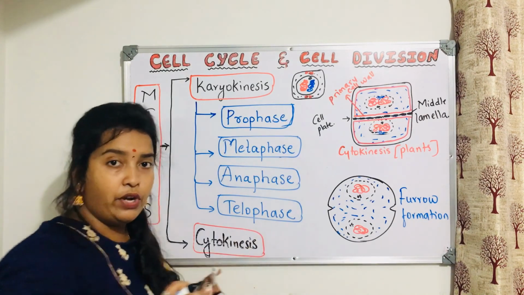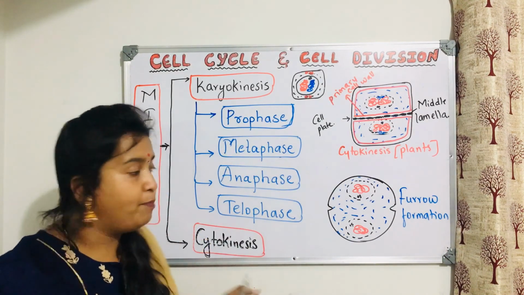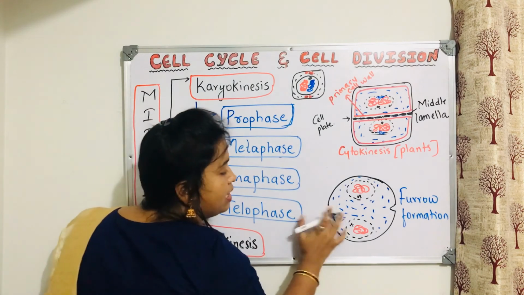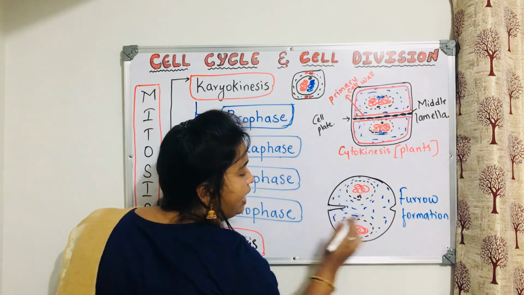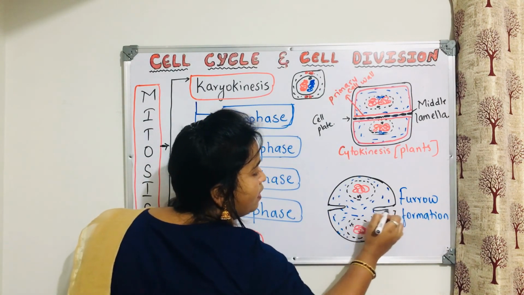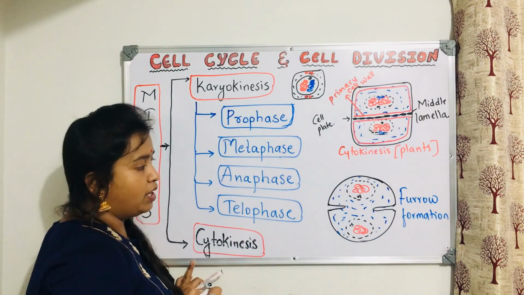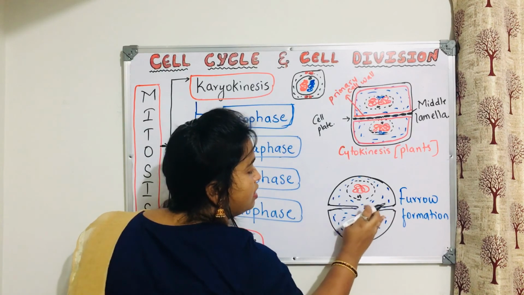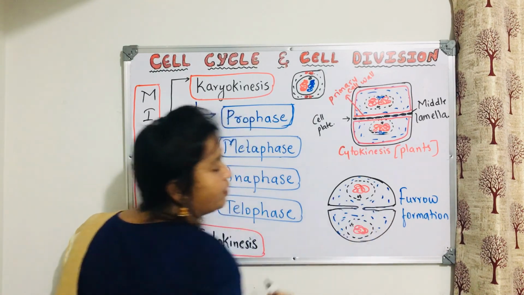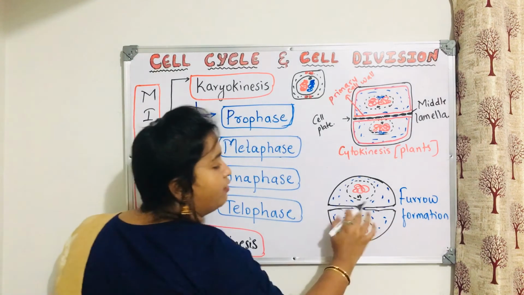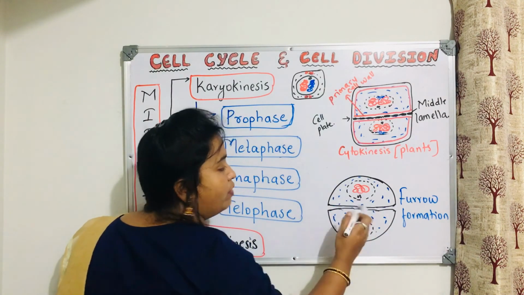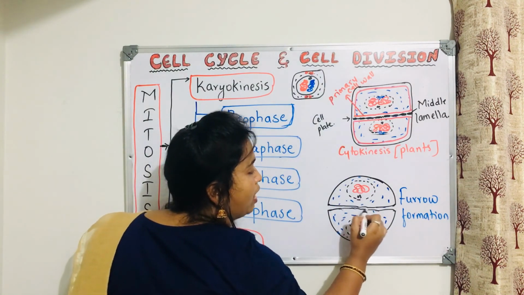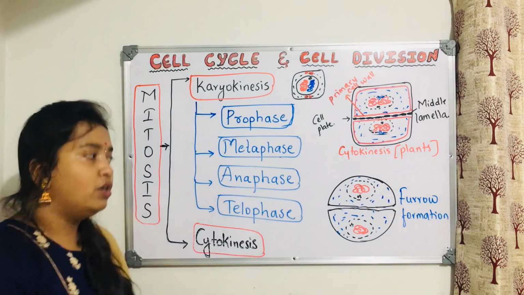You can pause the video and take down the diagram if you want. Slowly this furrow will start deepening like this. Still more deepening, and finally the furrow will touch each other. The furrow keeps deepening and then divides the cell into two cells.